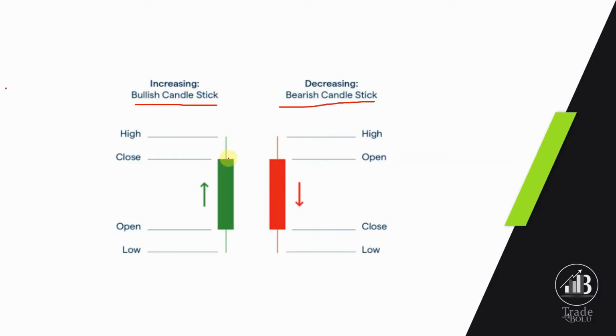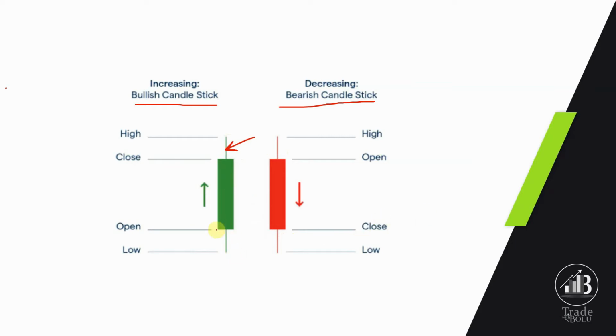This we call a wick. This is the wick of this candle. Then we have the close of this candle, and this was the open. When a bullish candle is forming, it started from here.